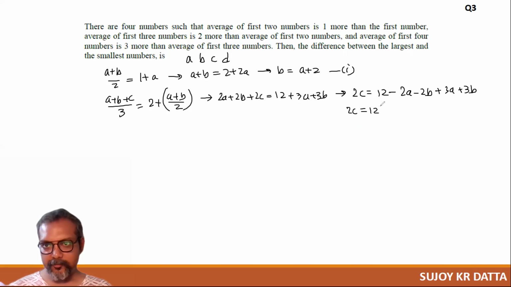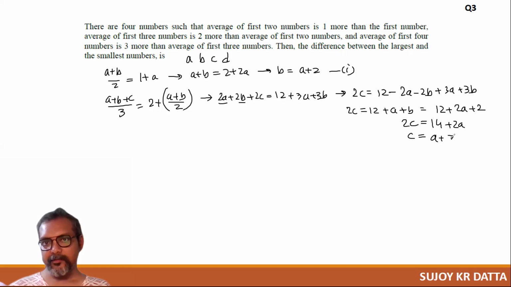So 2C equals 12 plus A plus B. And then we replace B as A plus 2. So this becomes 12 plus 2A plus 2, so it becomes 14 plus 2A. So that's 2C, so C becomes A plus 7. So that's the second.